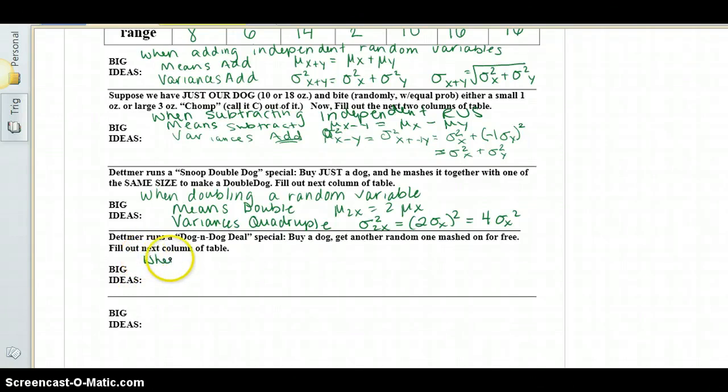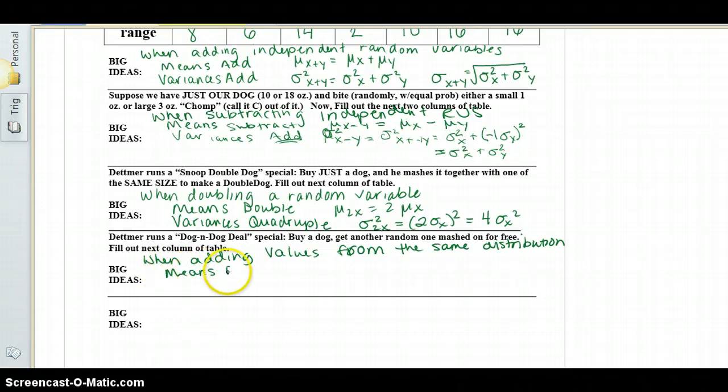So when adding values, the means are going to double, and the variances also double.